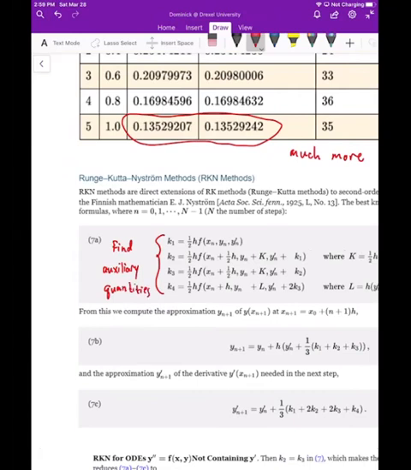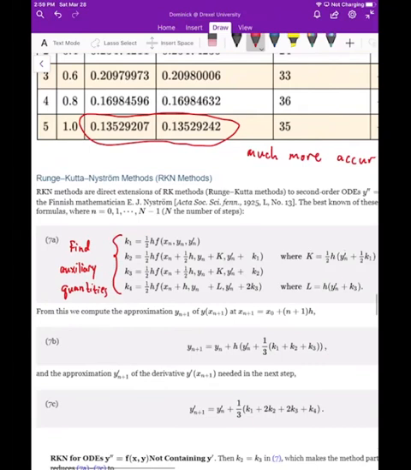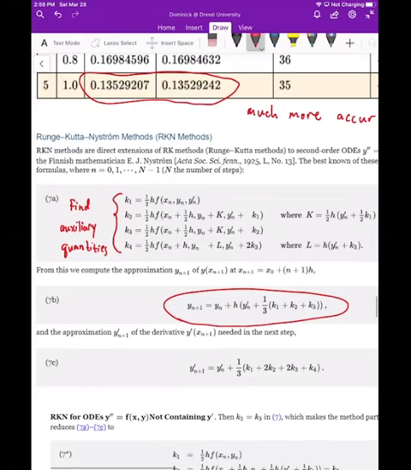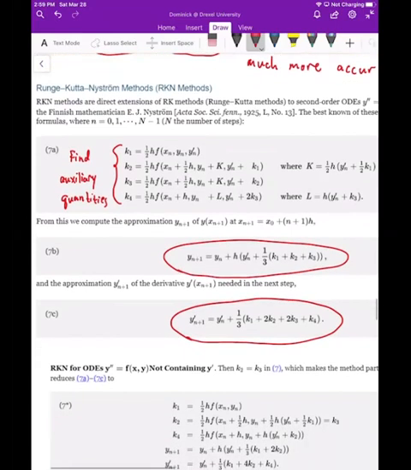And then once we have these four values, we're going to compute a slightly different weighted average, right? So we have something that looks like this, right? And then of course, if you take the derivative of this thing that we'll need in the next step, we get this relation here, okay?